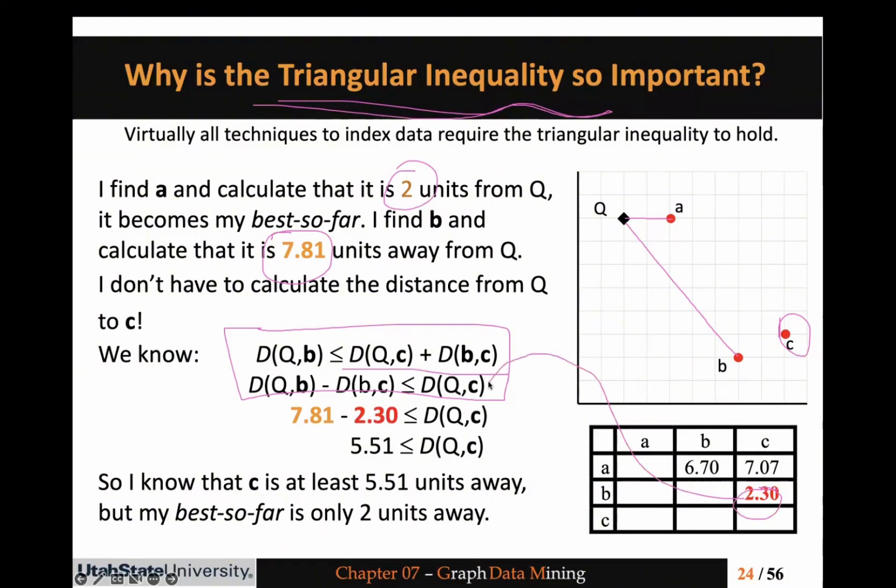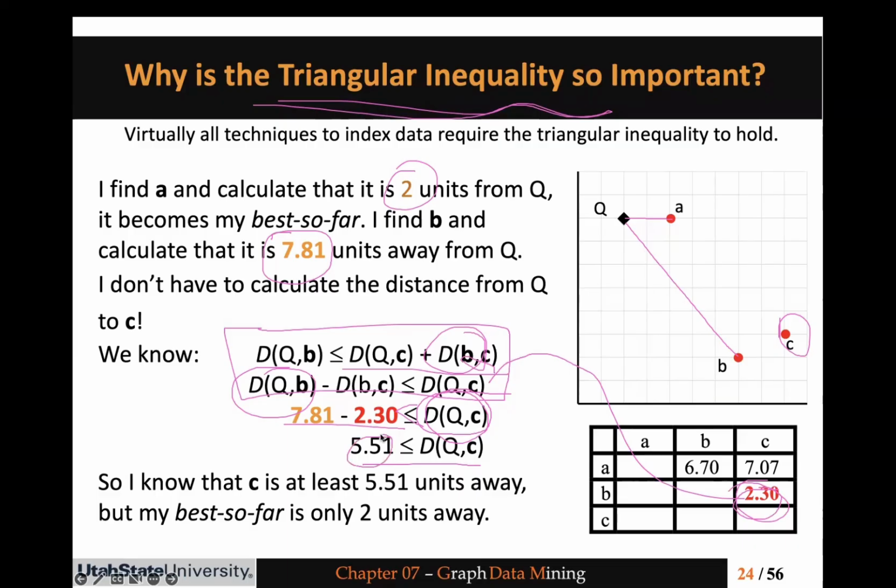I just need to plug it in. I already know the distance between Q and B, which I computed, and I can deduce the distance between Q and C thanks to this inequality. I do know for sure that the distance between Q and C should be greater than or equal to 7.8 minus 2.3, which I have in my pre-computed table, which is greater than 5.51.